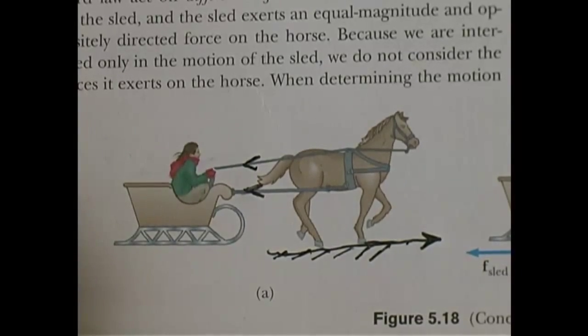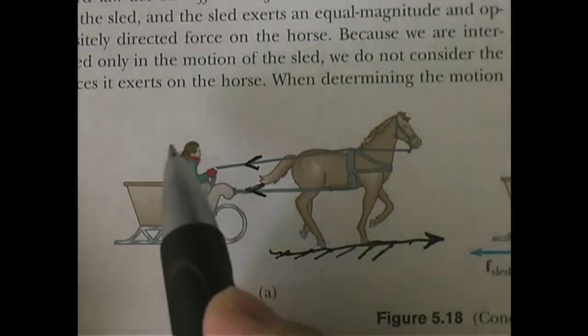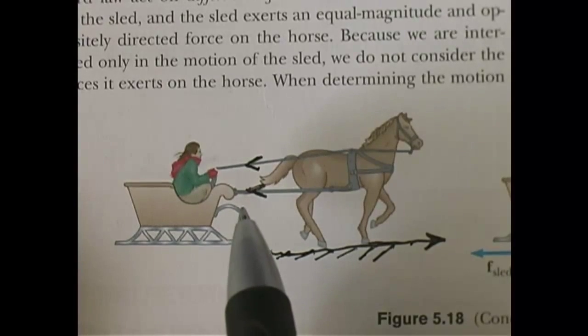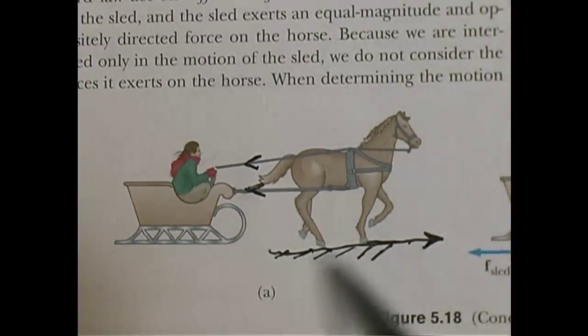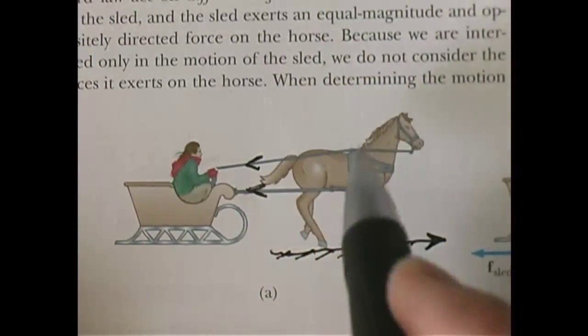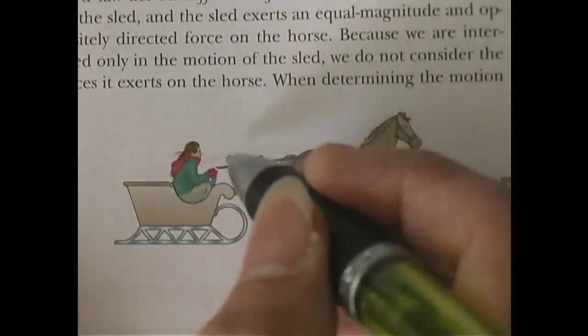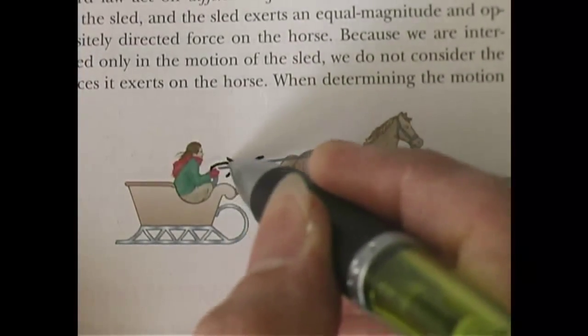Now, what about the wagon? Well, to understand the motion of the wagon, what we need to do is figure out the force exerted on the wagon by somebody else. So what are these two forces? Well, first of all, the horse is pulling the wagon here with the exact same force.